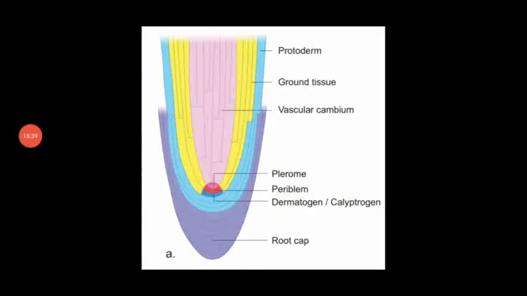Dear students, see the diagram. This is the histogen theory. The outermost layer is said to be the root cap. That is, the entire root apical meristem consists of 4 zones according to the histogen theory.